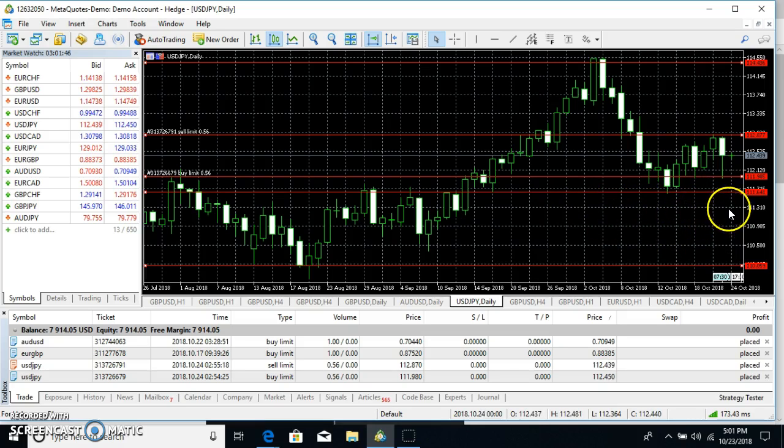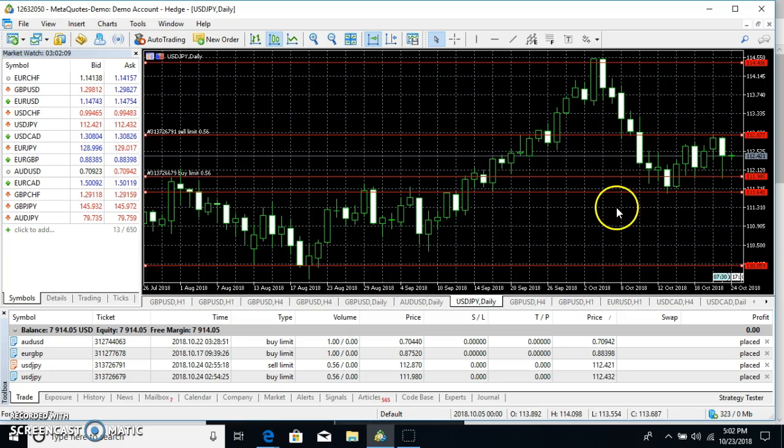So if you got in at 111.98, you want to do your stop loss at 111.31. Out of the clear of the 64, probably about 111.31. So that gives you a 67, 68 pip stop loss.